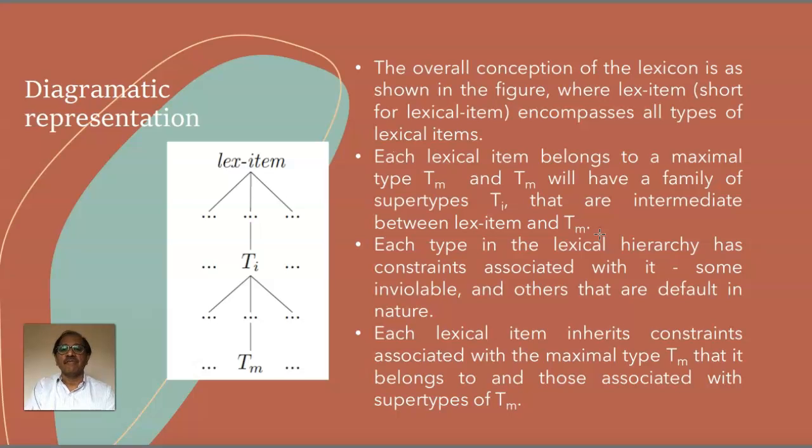And what we say about the structure of the lexicon is each lexical item belongs to a type which is maximal in nature, and there will be subtypes of that maximal type, and all the types will have default constraints, and they may have some inviolable constraints, and lexical items may have some information which may contradict the default information.